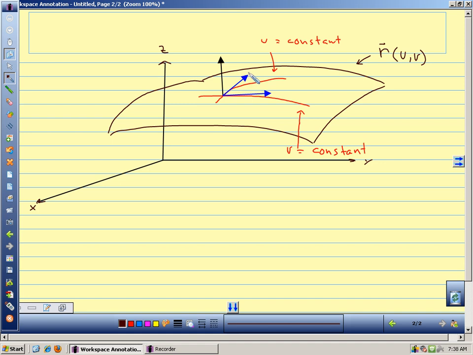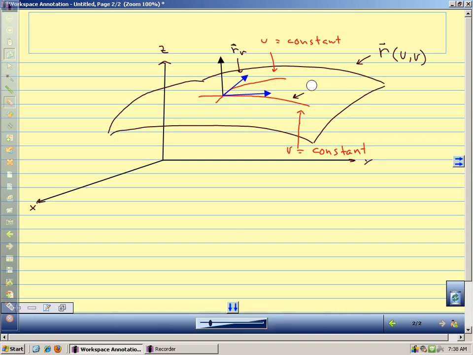This tangent vector is given by r sub v, and this tangent vector is given by r sub u. Our normal vector is the cross product of these two partial derivatives.